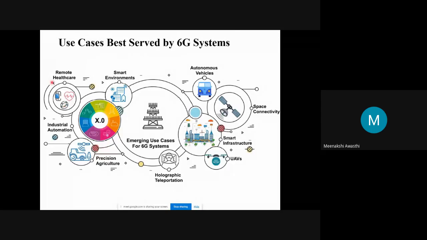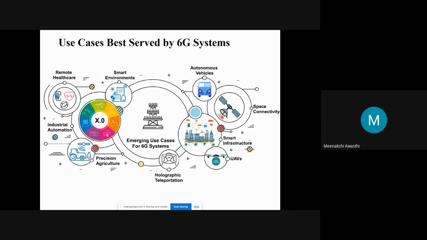So with remote healthcare and Industry 5.0, we will be helping the patient remotely. Now smart environment is definitely needed for Industry 5.0. Holographic teleportation is also a part of 6G, a use case we have already discussed.